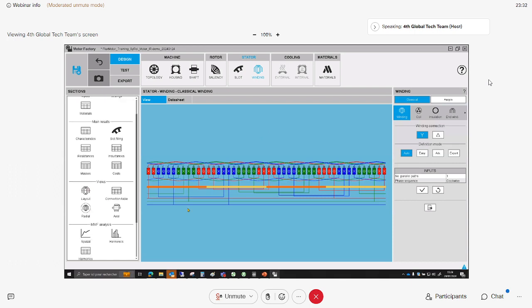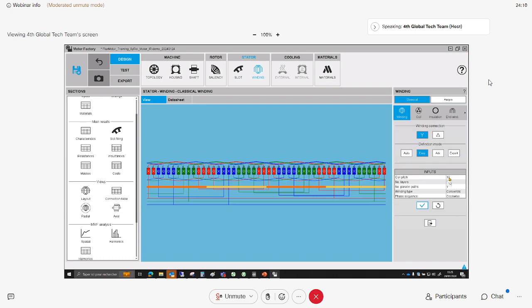lower harmonics. So how to test all these configurations? I have to go to the winding and then go to easy. This is the best way to do it. You can use advanced, but let's stay in the easy one. As you can see, with one layer per slot, you have only the possibility of the full coil pitch or the shorter coil pitch, and then you can choose between lap winding or concentric winding.